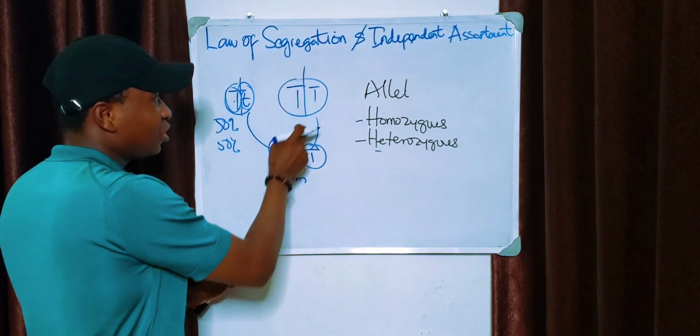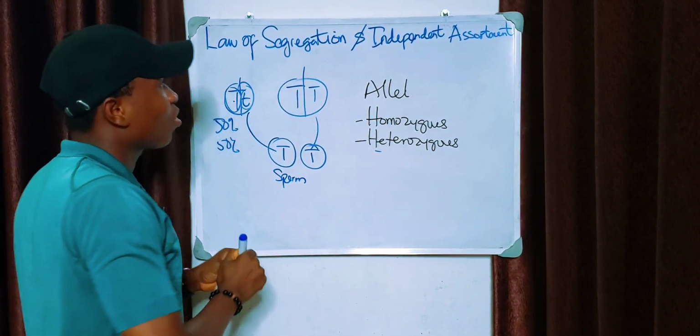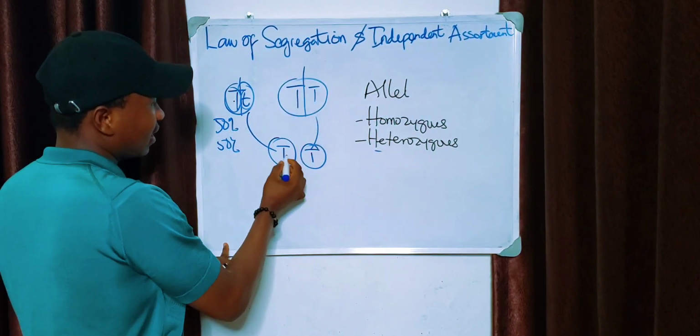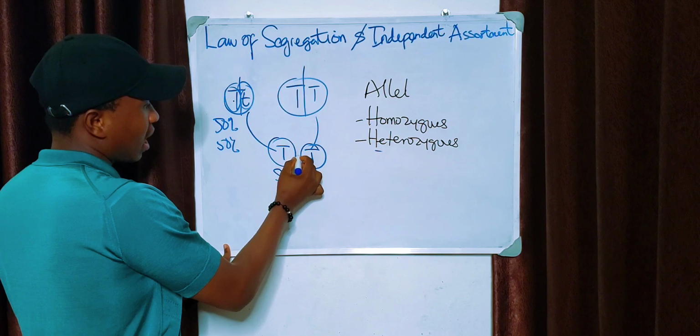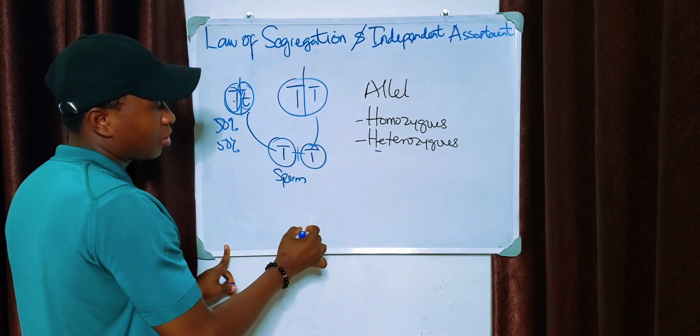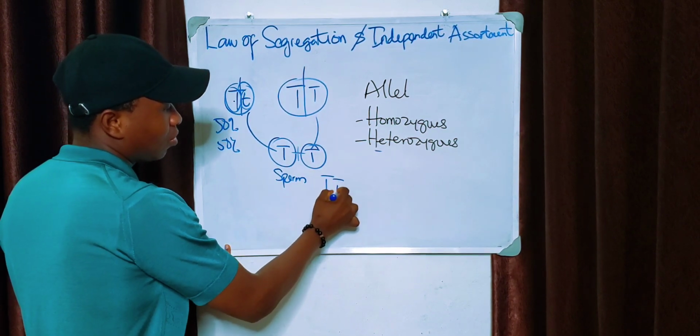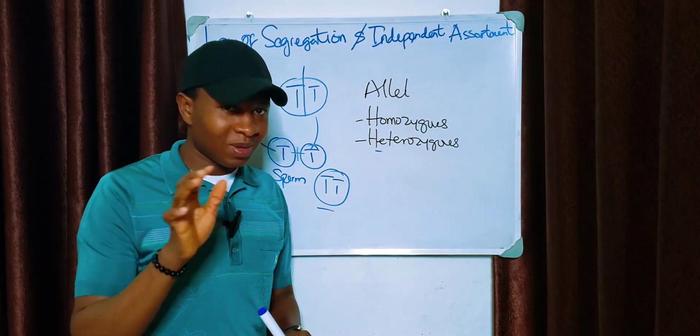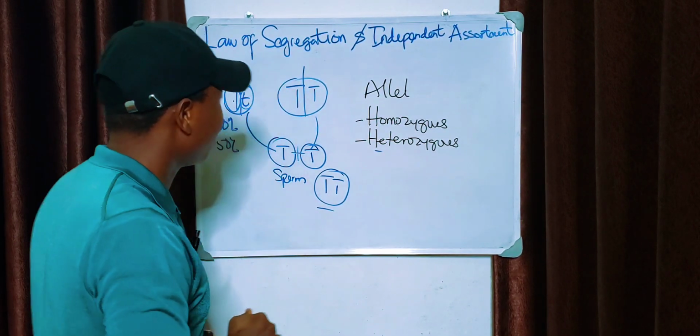There must be a division, and that division is what we call segregation of genes. So when they segregate, they come together and meet at this point, forming an individual with this trait. As simple as that, that is what segregation is all about.